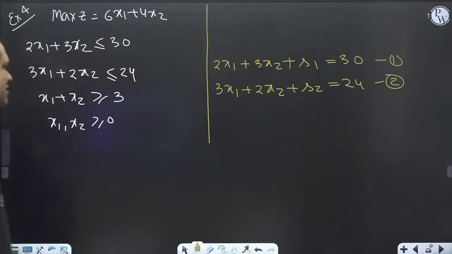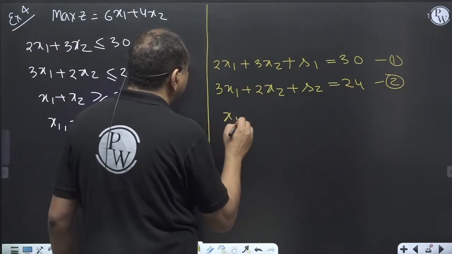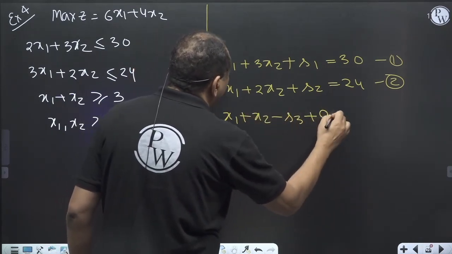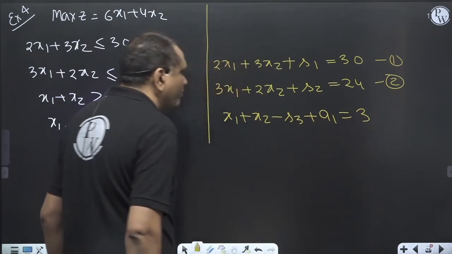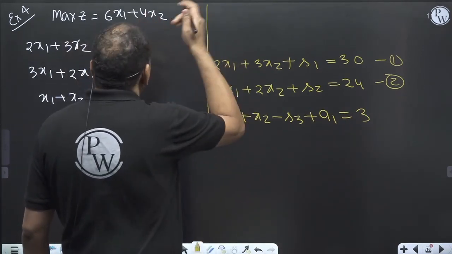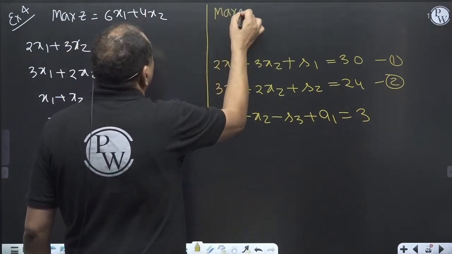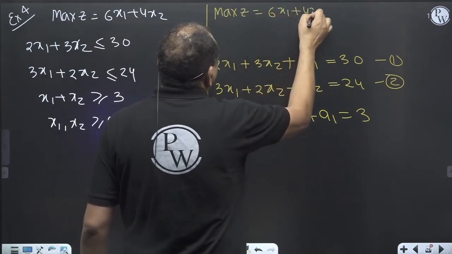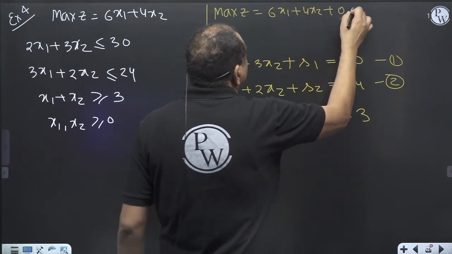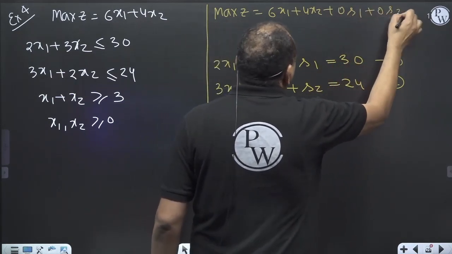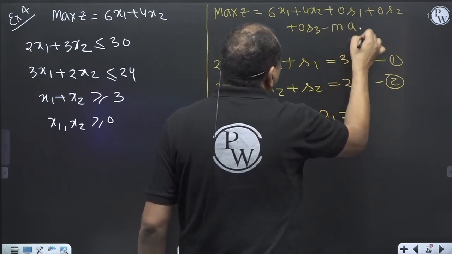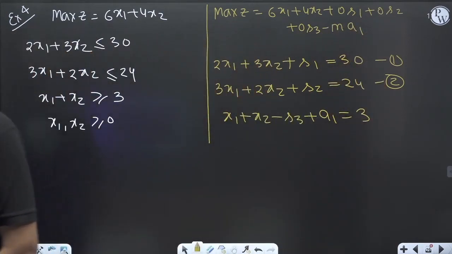Here there will be a surplus variable: x1 plus x2 minus s3 plus a1 equals 3, and the objective function is already a maximum function. So maximize z is 6x1 plus 4x2 plus 0s1 plus 0s2 plus 0s3 minus M a1. Is that correct?